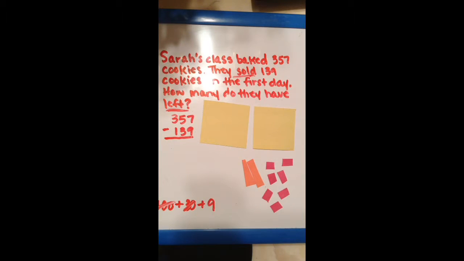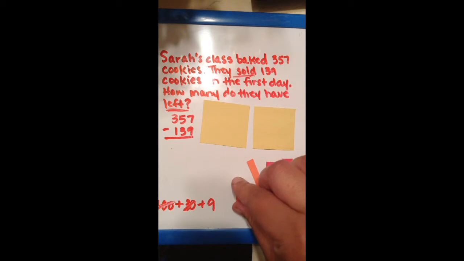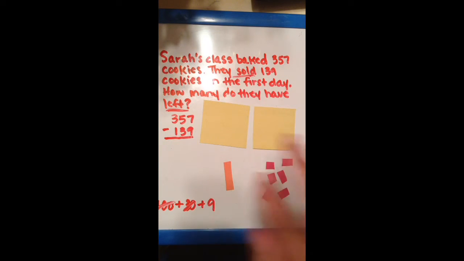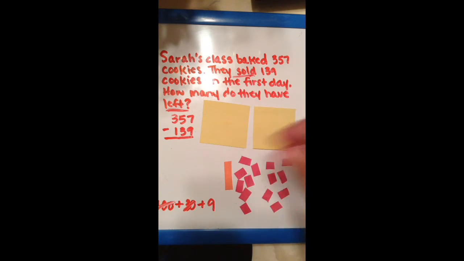So we do not have enough units to take away right now, so we need to trade in a tens block for 10 units. Three, 4, 5, 6, 7, 8, 9, and 10.